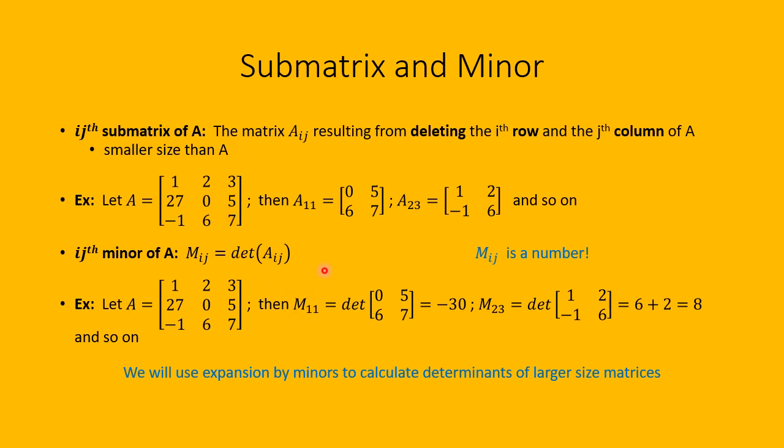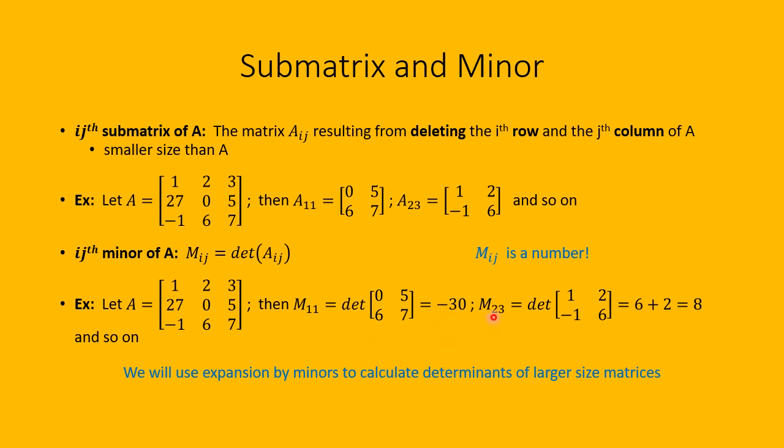First of all, we have to see what capital A sub 1,1 is, and we've already done that. It's this matrix, 0, 5, 6, 7. And so the 1,1 minor is the determinant of this matrix. So it's 0 times 7 minus 5 times 6, which is minus 30.